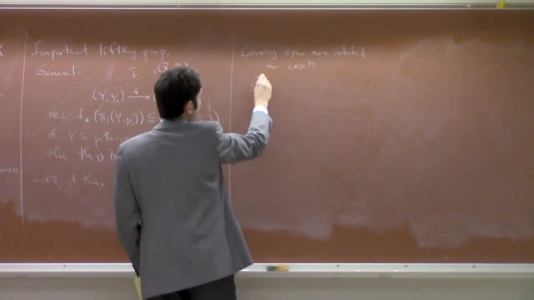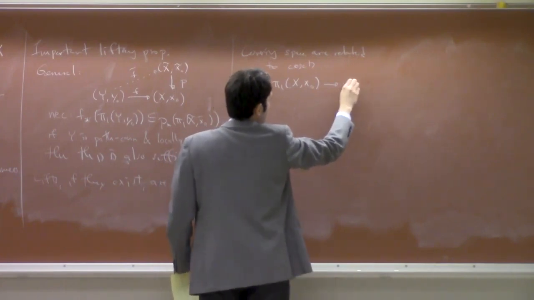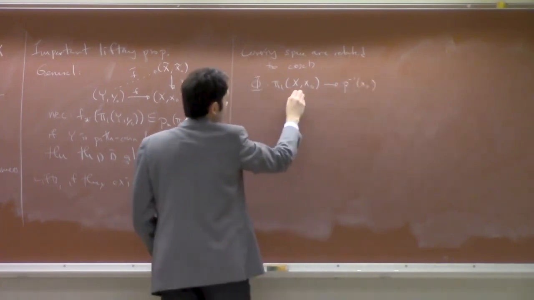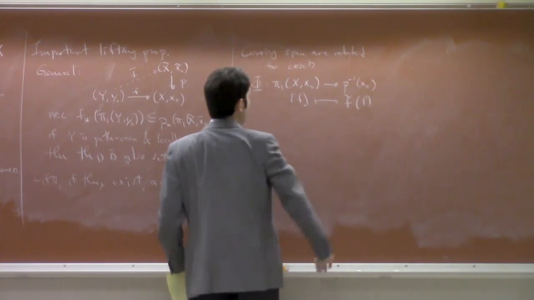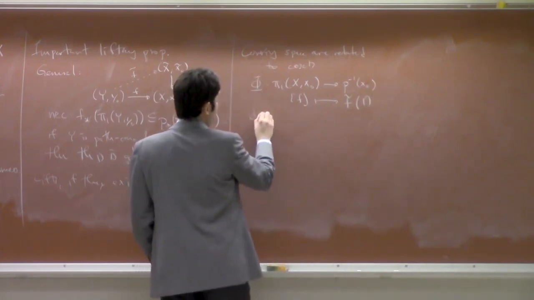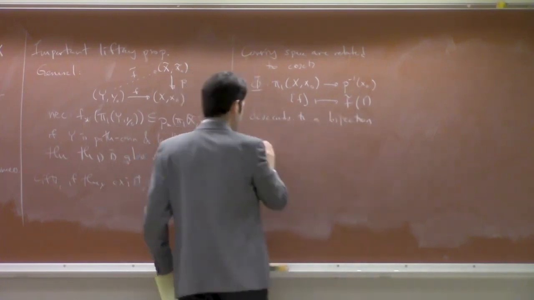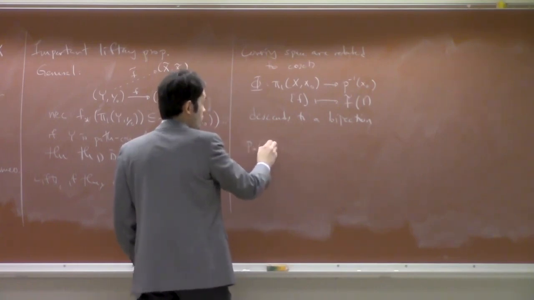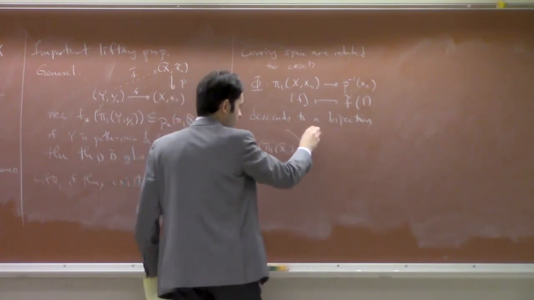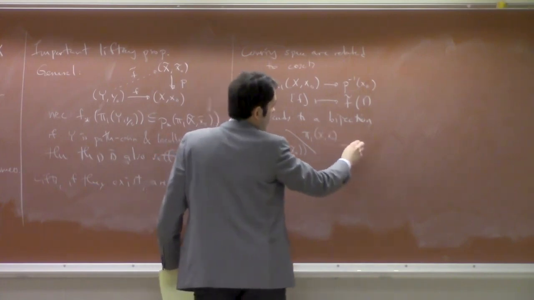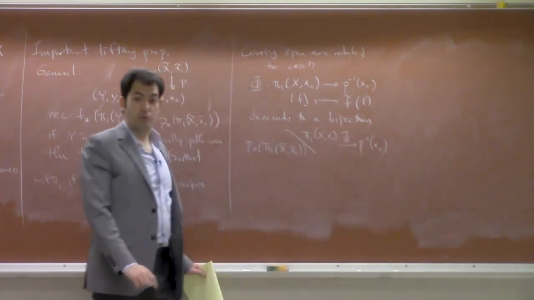If you have the lifting correspondence that takes a loop, lifts it up, and takes the right endpoint, then this descends to a bijection between the cosets of the fundamental group by the image group, and the inverse image of a point.